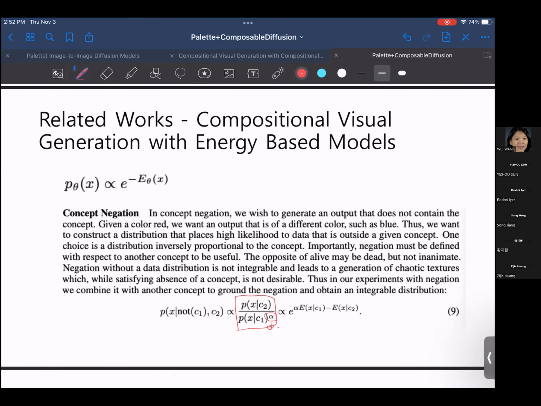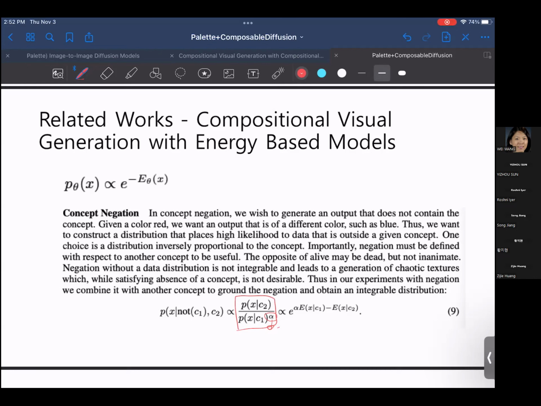Suppose we don't have C2, we just have C1, negation of C1. So on the top, it's going to be 1, is that right? It's just the inverse of the probability.